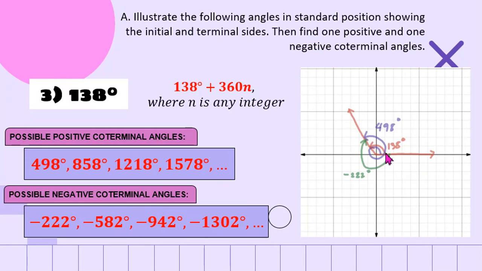Okay, so let's plot 138 degrees. If we have it here, that's 90 degrees only. If we continue here, that's 180, and we only have 138. So that's 90, and then how much more to 138?